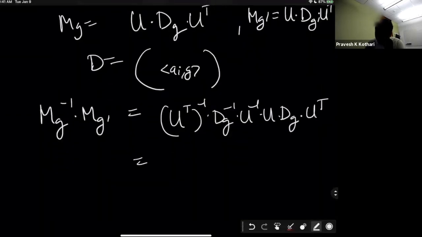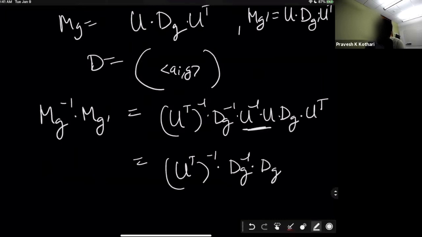And now you see what happens. I get U transpose inverse. This is identity. I get D_G inverse D_G', sorry, D_G inverse D_G' U transposed.